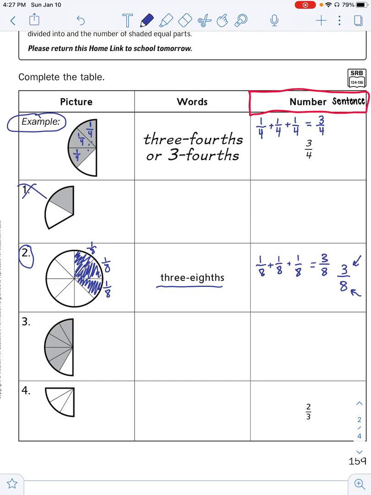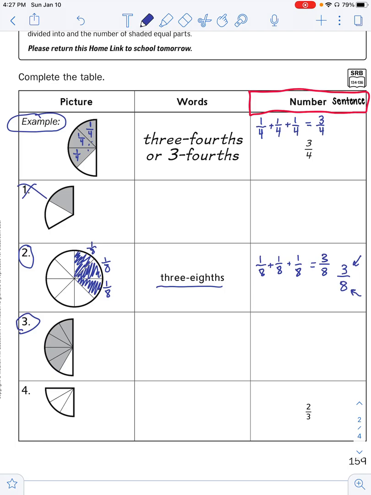So I just did it in like 3 different ways. I showed you in the picture, I even labeled them, and I showed you in the number sentence. Let's do one more, and then you guys are going to try this on your own. Okay. Here they've given me only the shaded part, like the shape, and I have to figure out the words and the number sentence.